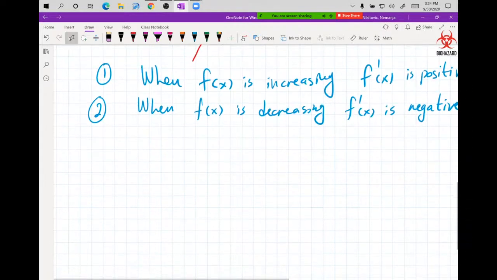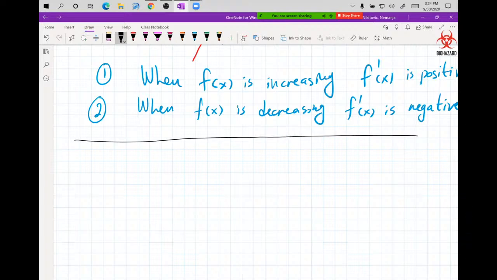All right, the next part. The next example is going to be what I promised earlier with the minimum and maximum and how those show up in the derivative, in terms of the graph.